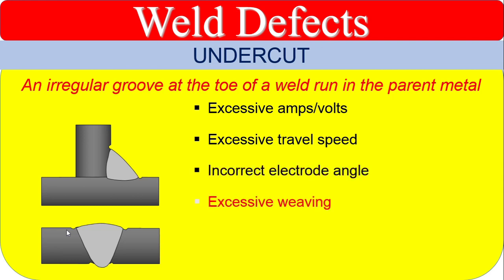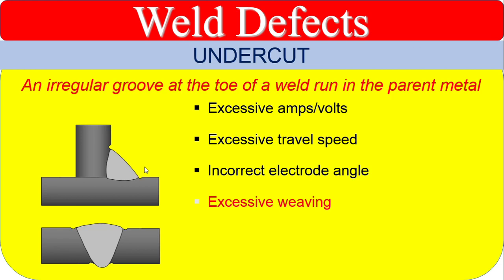Excessive weaving: some weaving is required, but if the weaving is more than that, it goes onto the parent metal and the undercut can be created.